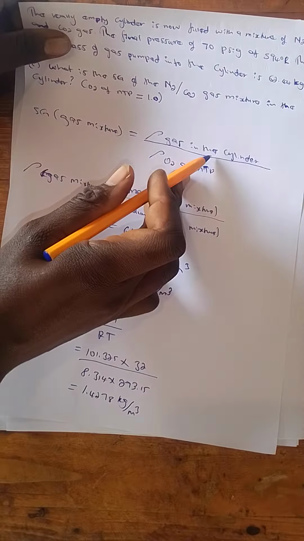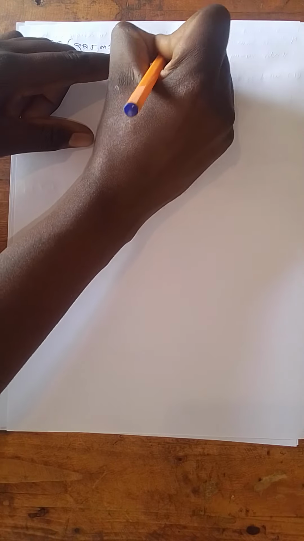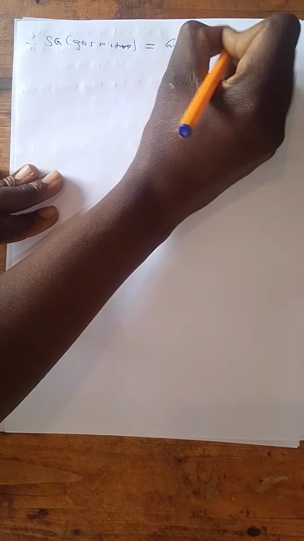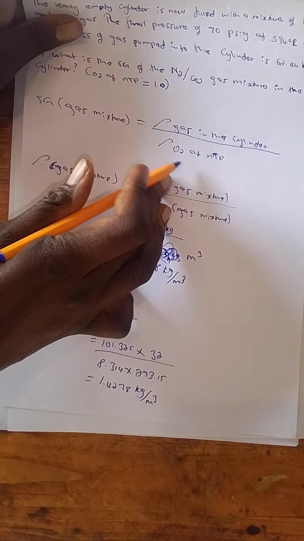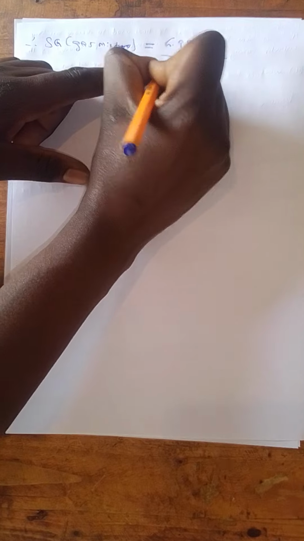Therefore the SG of the gas mixture in the cylinder is equal to the density of the gas in the cylinder, 6.98 kilograms per meter cubed, all over the density of O2 at NTP, which we calculated to be 1.4278 kilograms per meter cubed.